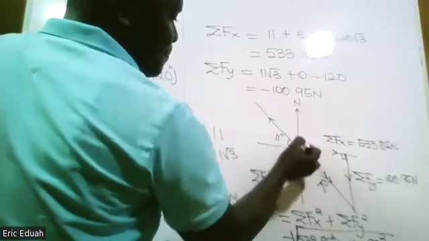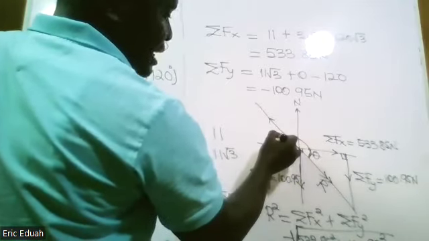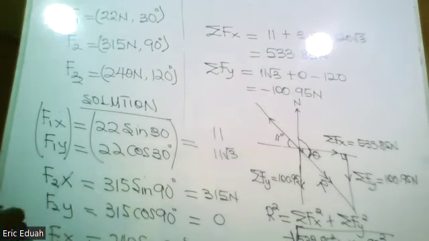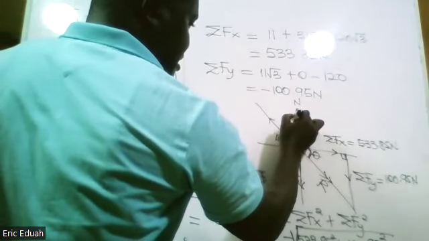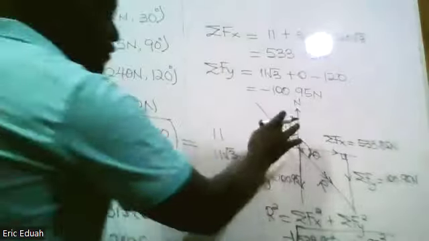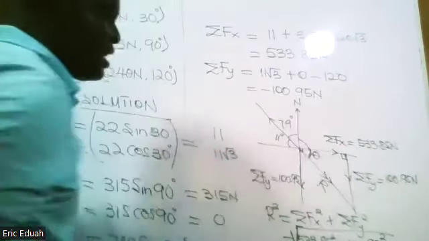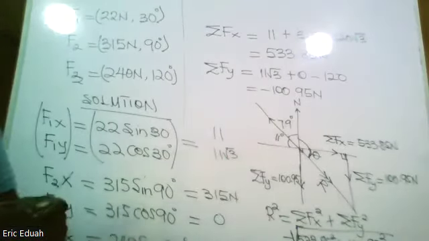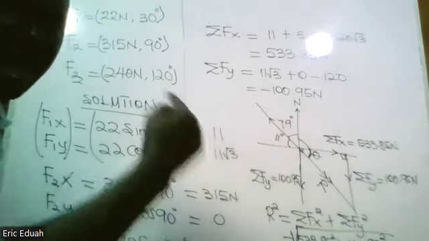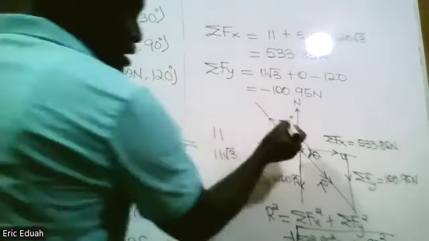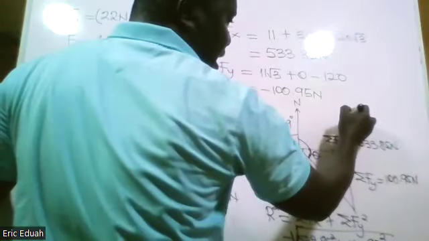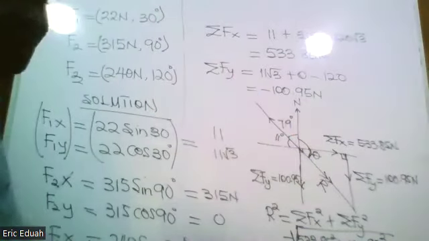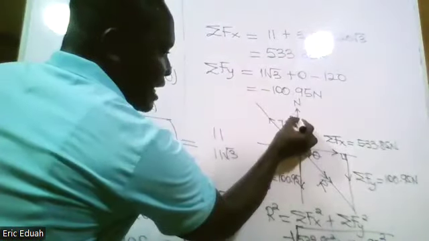Our equilibrant will be, if this is 11, 90 minus 11. 90 minus 11 is 79. So we can say that the direction of the equilibrant is 79 degrees in an anti-clockwise direction from the north, meaning when we measure the angle this way.